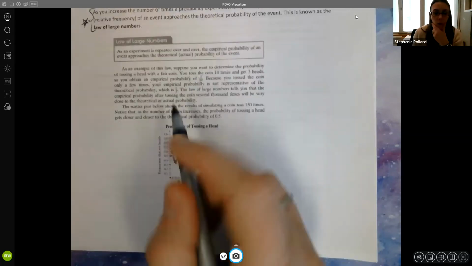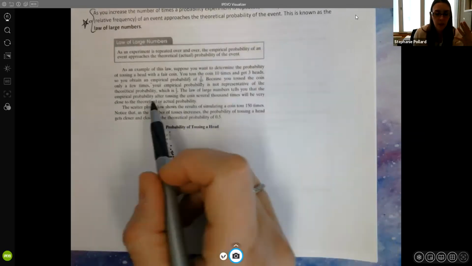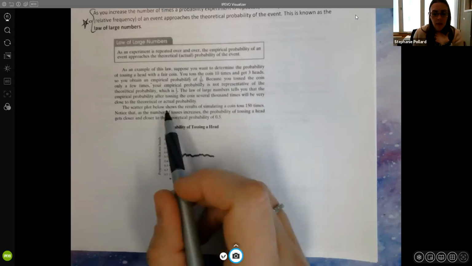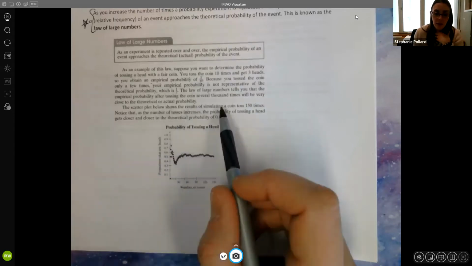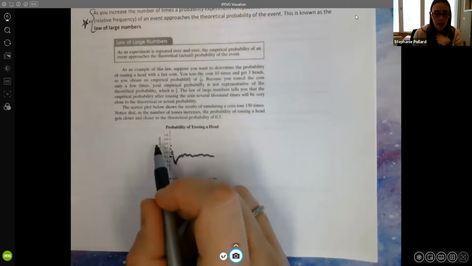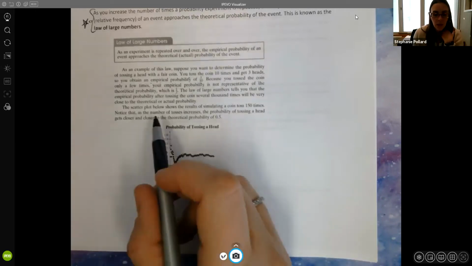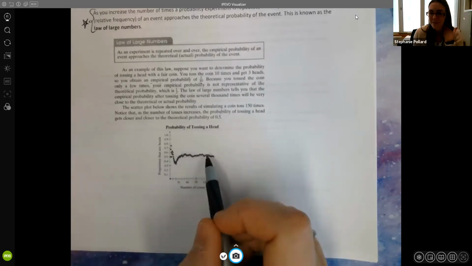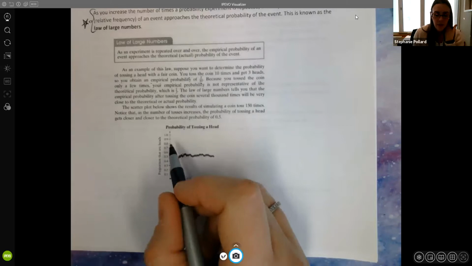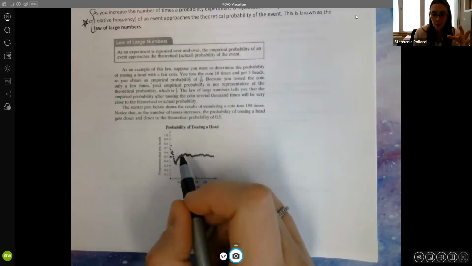But if we do this over and over again, lots more times, then we do see it starts to even out. The scatter plot here shows the result of simulating a coin toss 150 times. This is the number of tosses versus the proportion that are heads. And you can see that over time, you do start to hit that 0.5. With your first tosses, you may have had varying probabilities because you don't have too many tosses yet.